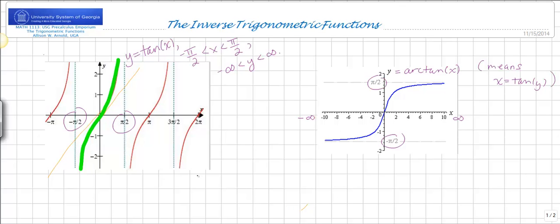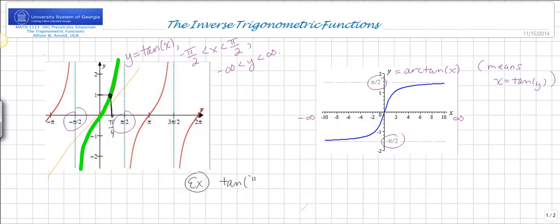So, just briefly, for example, we know that tangent of pi over 4 is 1. We know this from our special triangles.